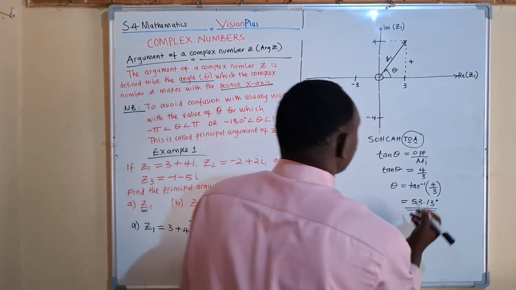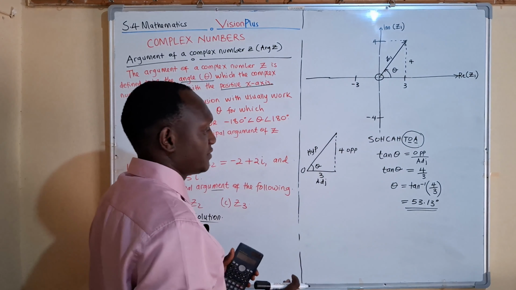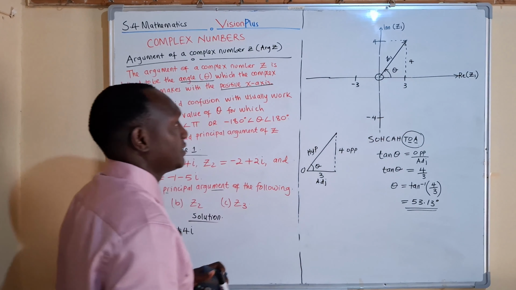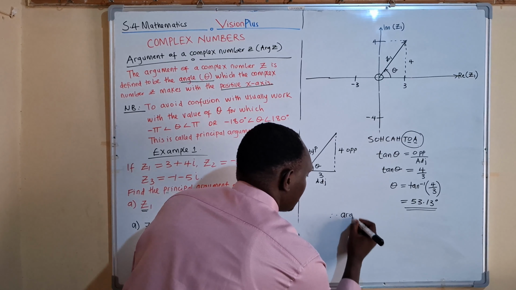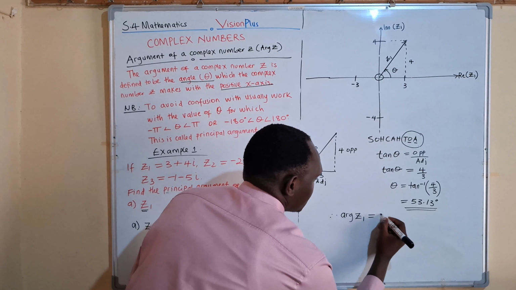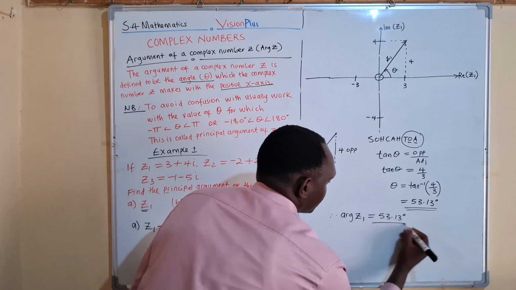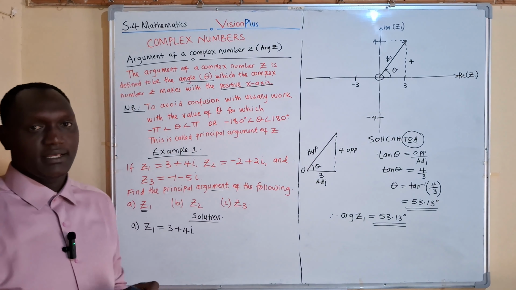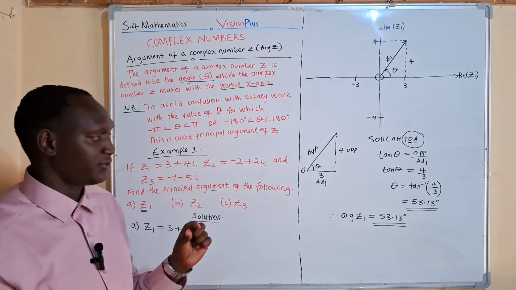So this is the angle, the argument of z1. This is the angle that it makes with the positive x-axis. Therefore, the argument of z1 is 53.13 degrees. Now, this is the direction of that complex number. Remember, we said the complex number has both size and direction.